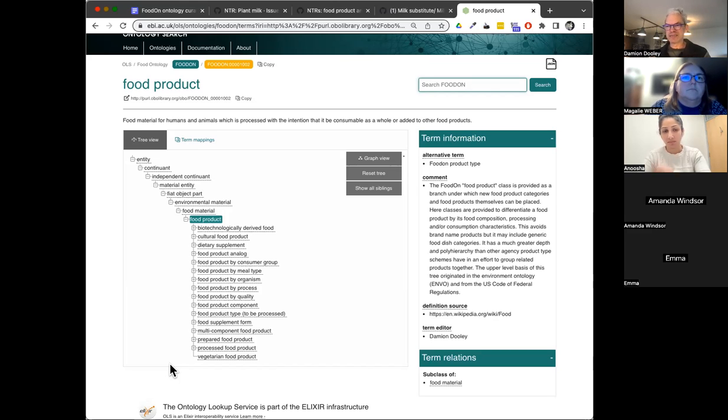You're not saying natural vanilla is an imitation of artificial vanilla.